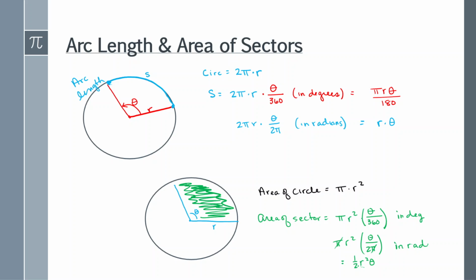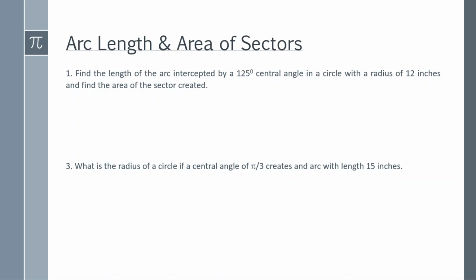Okay, so let's do an example. Let's find the arc length, the length of the arc intercepted by a 125-degree angle. And we have a radius of 12. So the arc length, which we'll let be S, is going to be my circumference, times the fraction of the circle that I want, which would be 125 over 360.